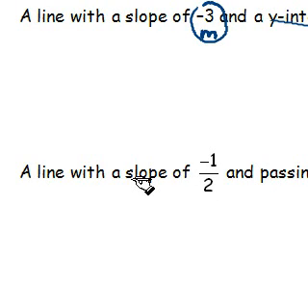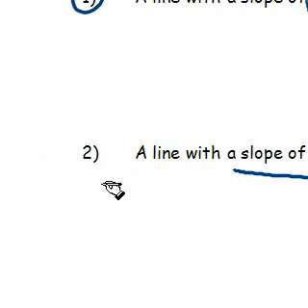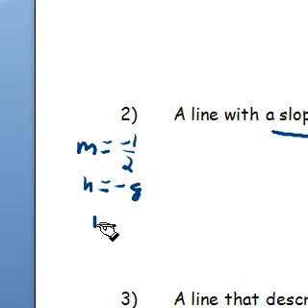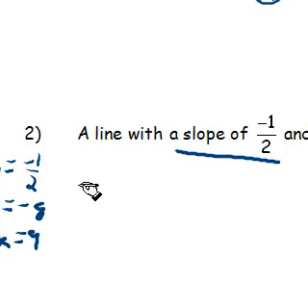A line with a slope of -1/2 passing through -8, 9. So our slope is -1/2, our h is -8, and our k is 9. Fantastic, we have all three pieces of information. Let's plug and chug. Y equals -1/2.